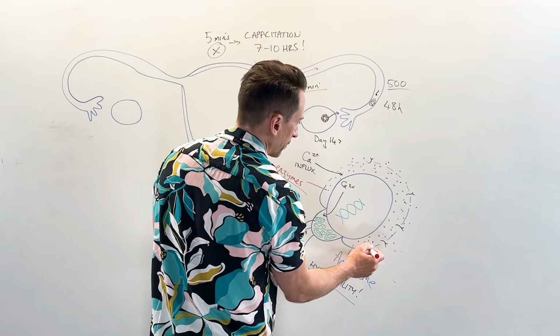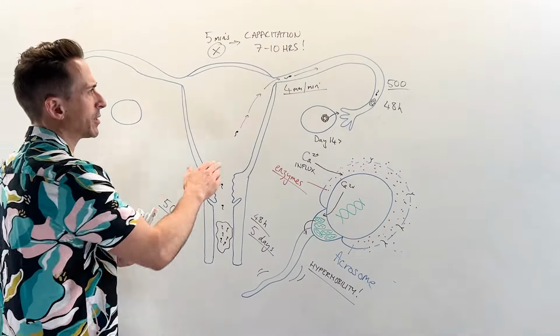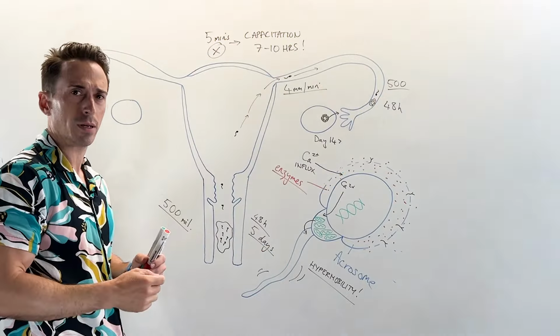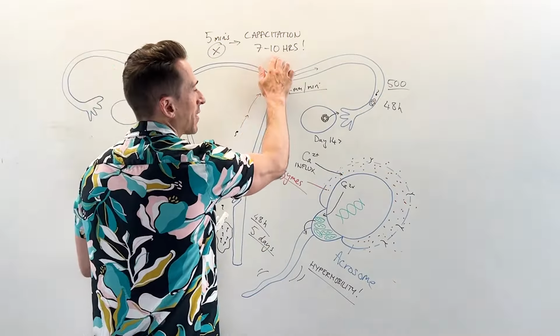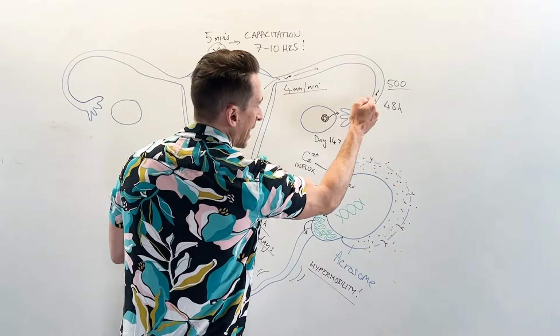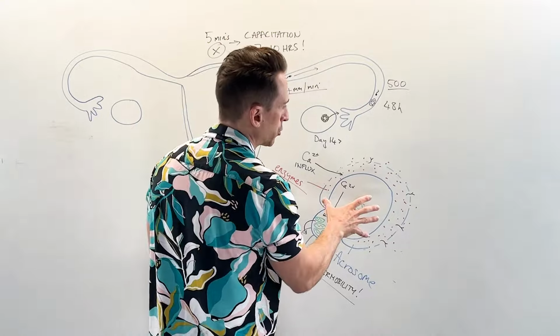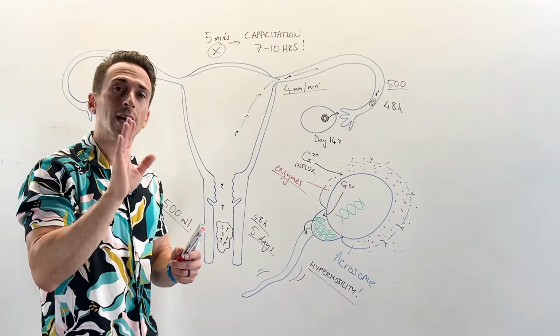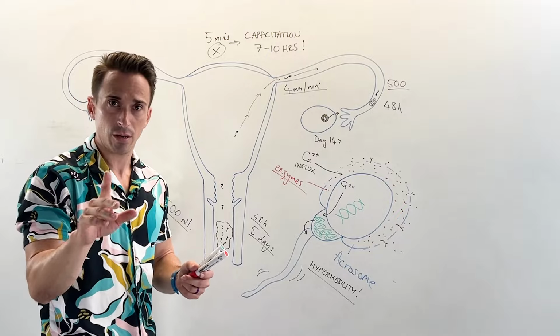All right, where are we at now in this process? The sperm should be here at the ampulla by this point. Because remember, this process takes 7 to 10 hours. So by that time, the sperm should be at the ampulla. So now we need to talk about this sperm coming into contact with the oocyte and the egg. Capacitation has occurred, right?